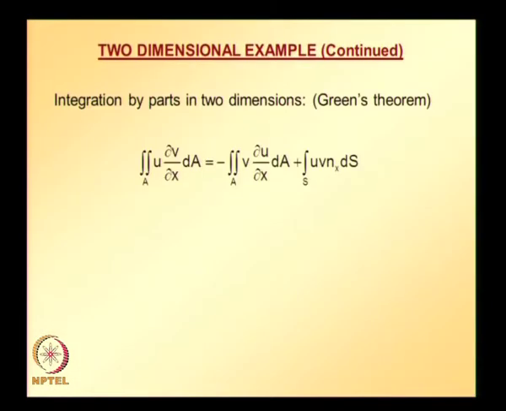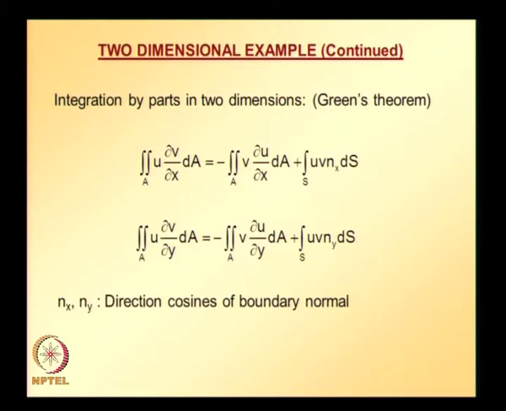So, let me briefly show those formulas. Integration by parts in two dimensions, where n x and n y are the direction cosines of the boundary normal. So, these are the two equations. The two terms that are appearing in the previous equation can be simplified using these formulas.